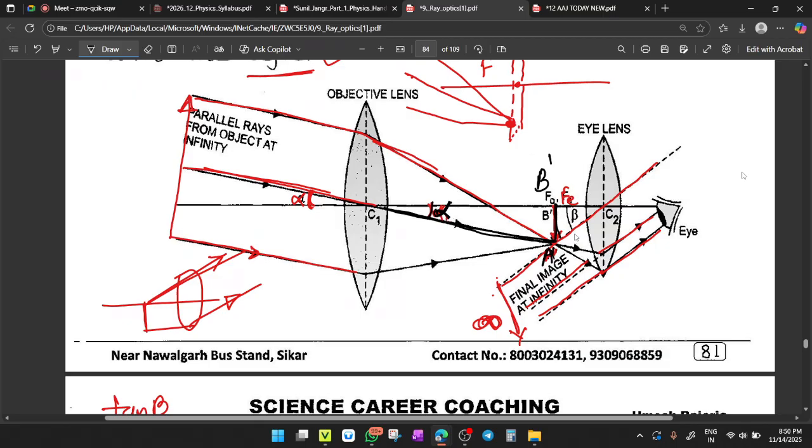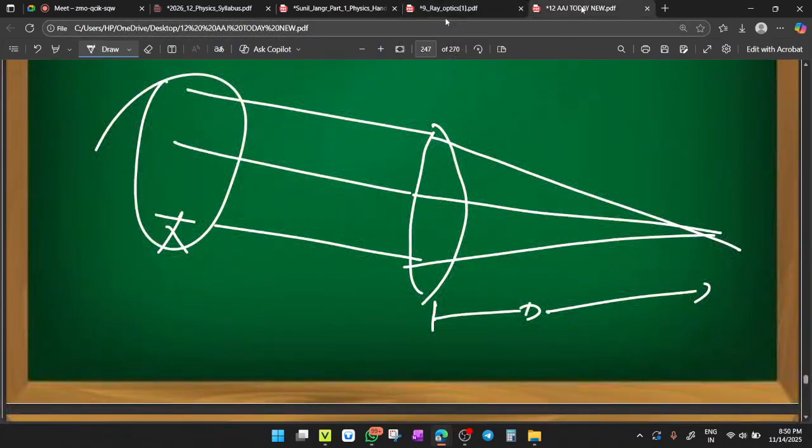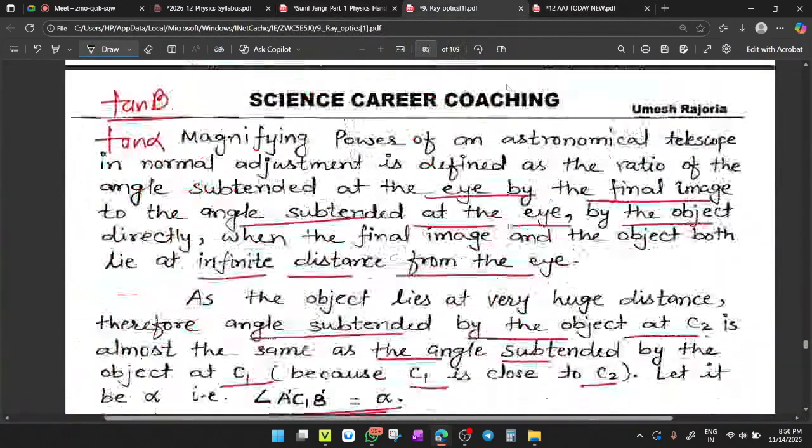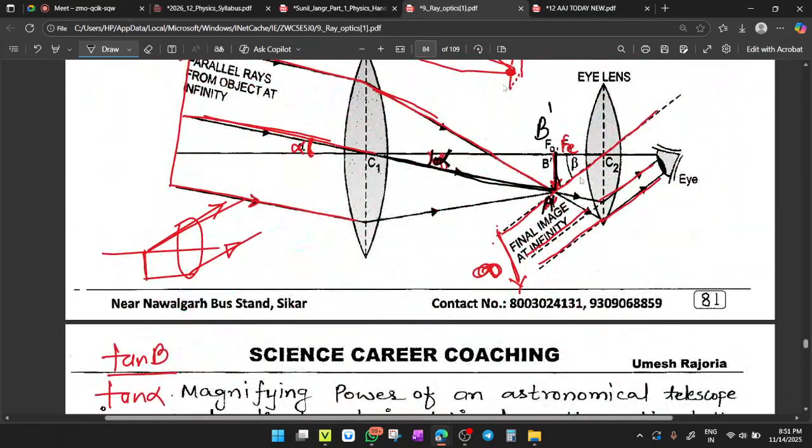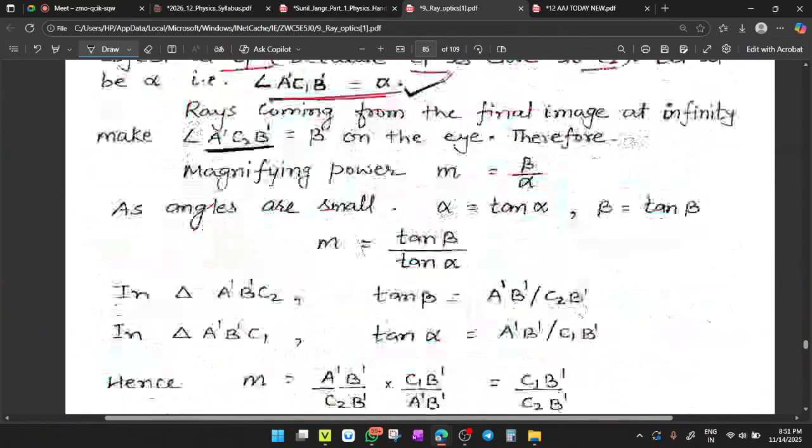By the theory, angle A' C1 B' equals alpha. Rays coming from the final image at infinity make angle A' C2 B' at C2, and here A' C2 B' makes an angle beta. Clear? So we have two angles, alpha and beta.